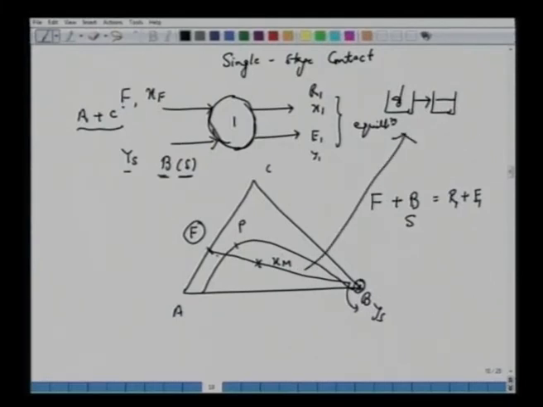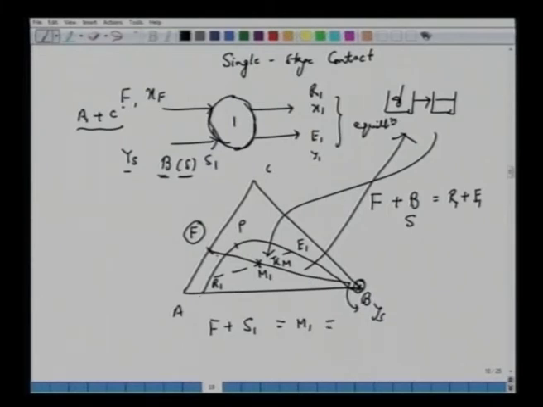Once you allow them to settle, now you have this tie line. This represents this tie line. So you have R1 raffinate and you have extract here. All you have done, now we can write F plus S1, say amount of solvent required, S1 here instead of B, will equal to M1, which is this. So that's one unit operation.